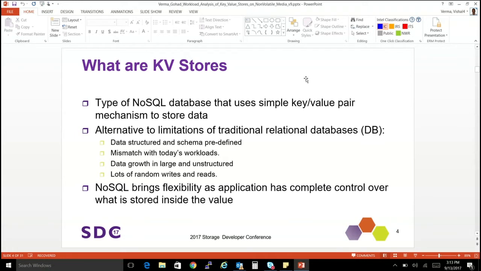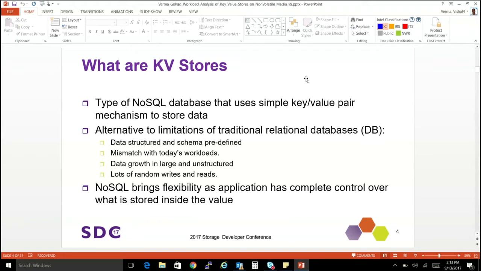They bring flexibility to an application, because the application has full control over what gets stored in the value. So they are simple, and there's no SQL database. In a traditional relational database, there is a query, and you have to have a certain type, whether you want to query or insert.